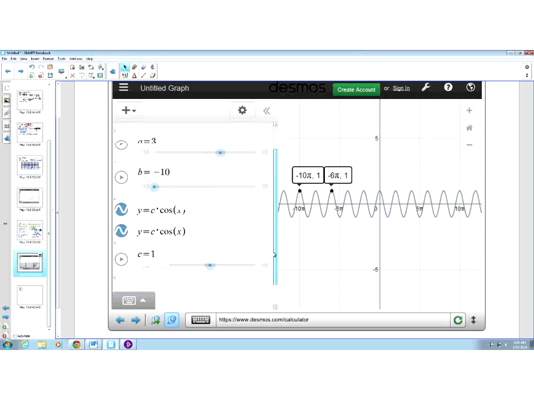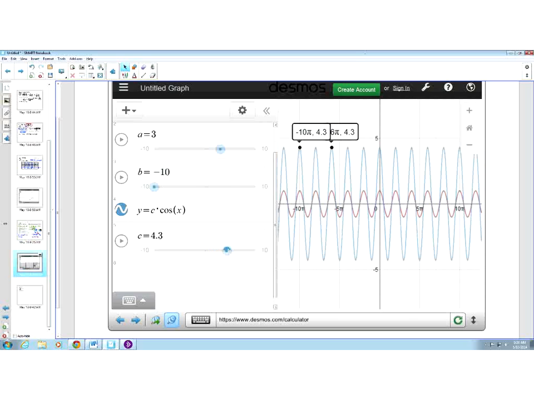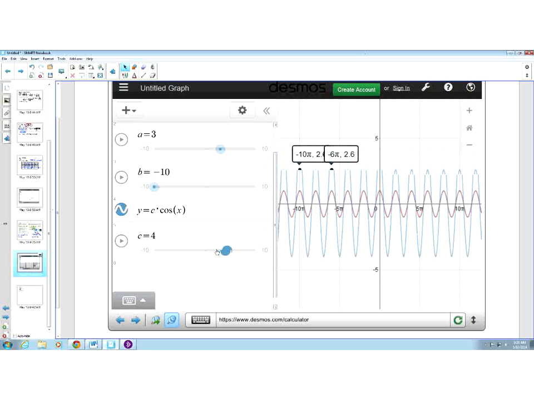So what happens if we increase the value of c? Well, we would expect the graph to be vertically stretched. In other words, it's going to get bigger. So if c gets bigger, it becomes stretched vertically. Now the red curve is the original cosine function. Now watch what happens when we decrease c.